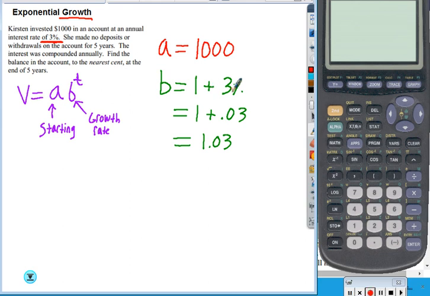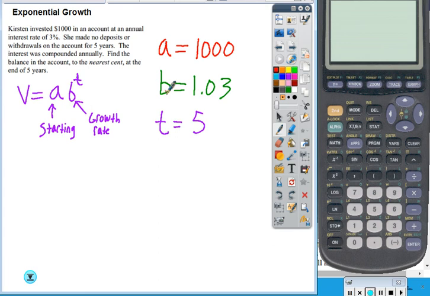Now we cannot add this percent until we convert it to a decimal. If you convert 3% into a decimal, it's literally just taking the decimal and moving over 2 places. So 3% is the same thing as 0.03. If we do 1 plus 0.03, we get 1.03. We now have our B.